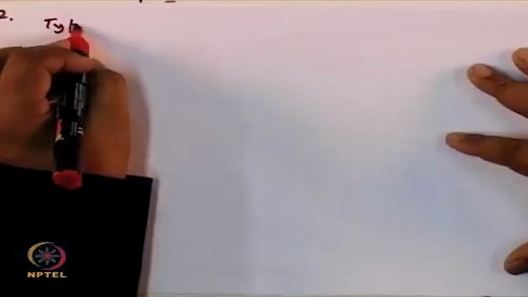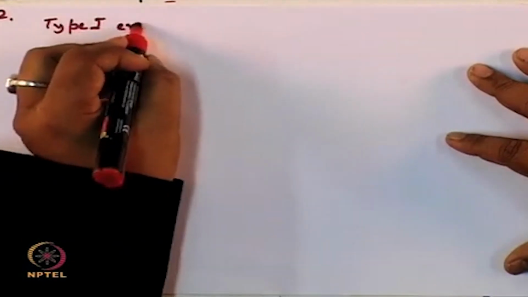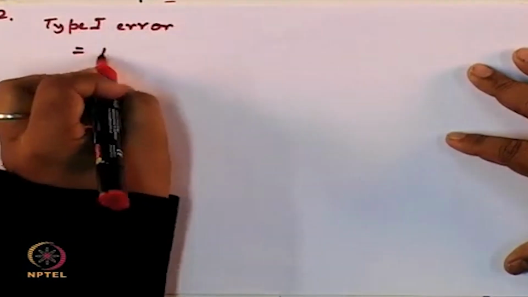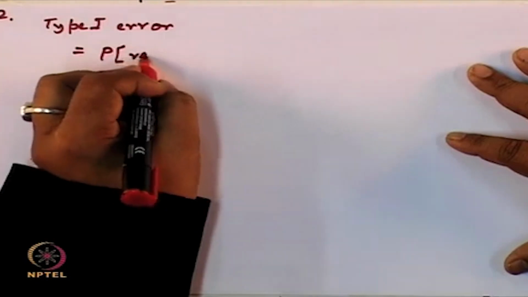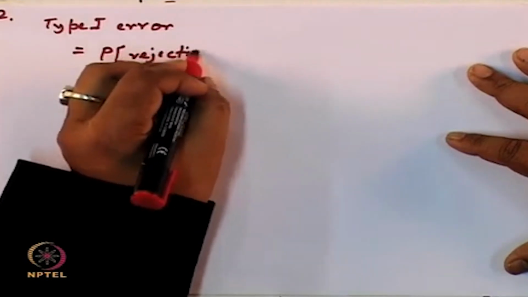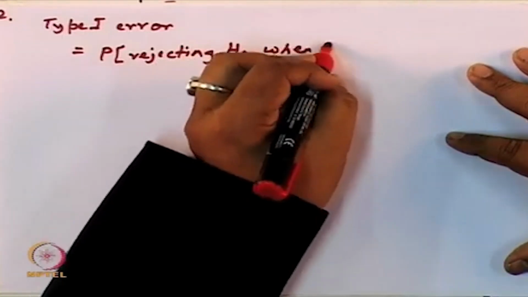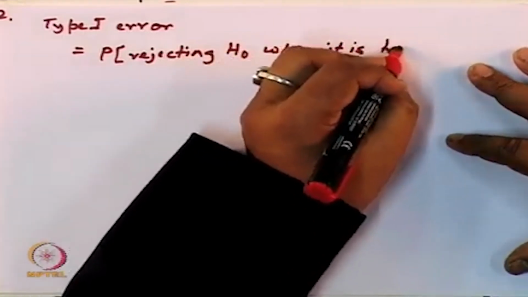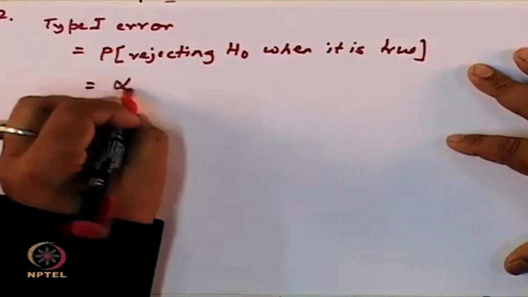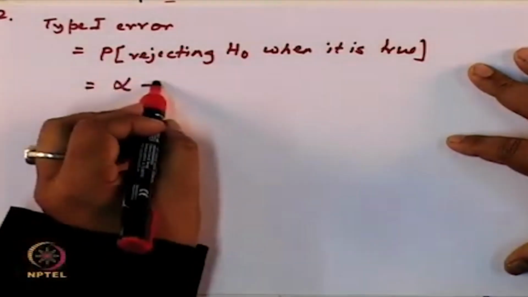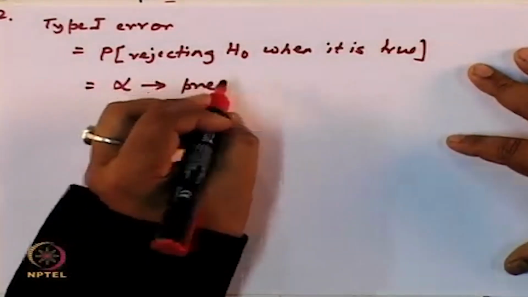Yesterday, while testing hypotheses, we discussed the possibility of two types of errors which can come up. You have a type 1 error, which is the probability of rejecting H naught when it is true, and this is nothing but this alpha, and this you prescribe.